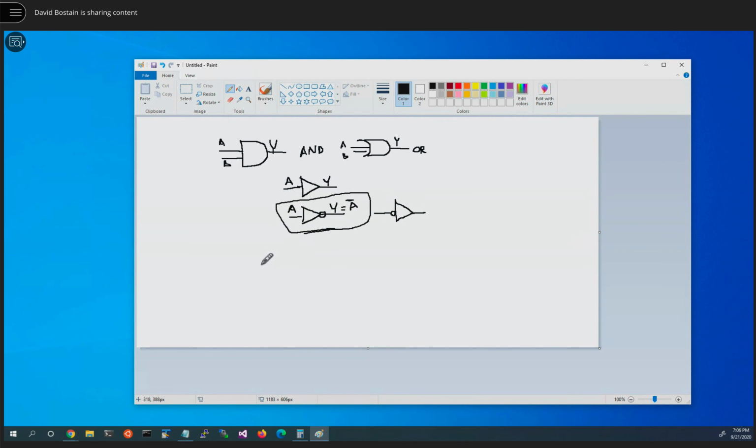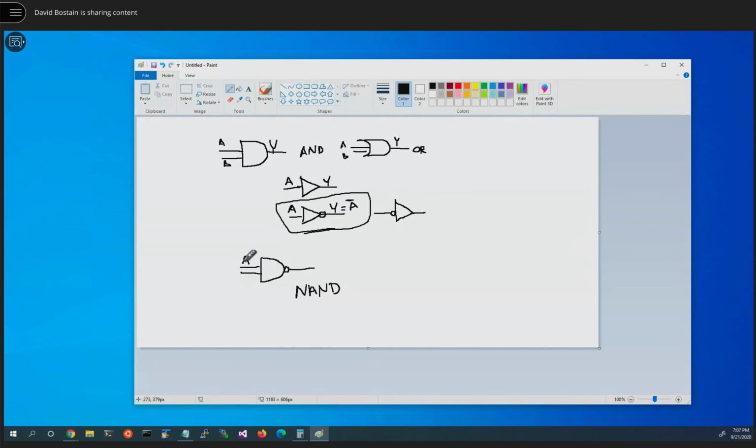Now, a more useful gate is this guy. This is a NAND. And we'll literally build everything we can possibly build out of 2-input NAND gates. And most of computer science, including sequential logic, can be built using them.